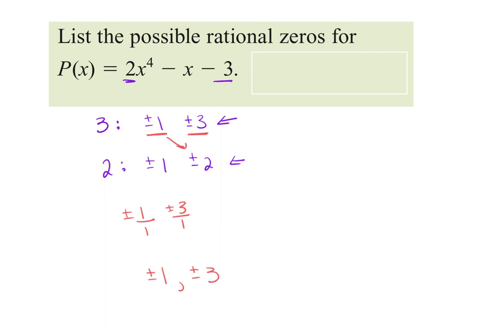Then I could be positive and -1 over positive or -2. Another way to write that is positive or -1/2. Or it could be positive or -3 over positive or -2. Positive or -3/2. Every single one of your factors of your last one over every single one of your factors of your first one. Those are your possible zeros for that. Those are your possible zeros. All right?